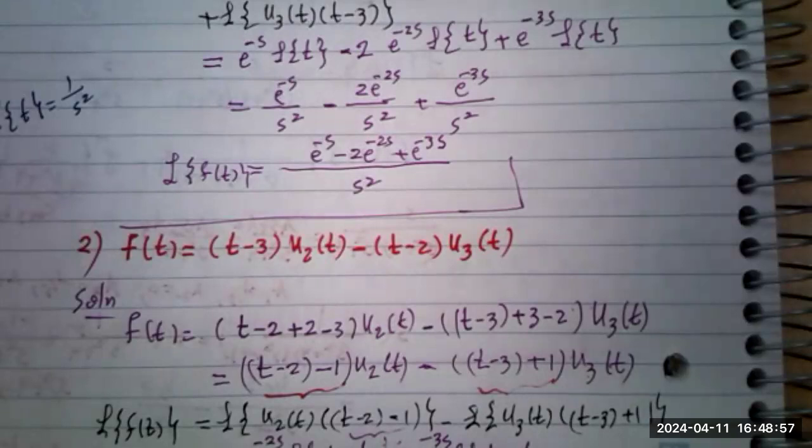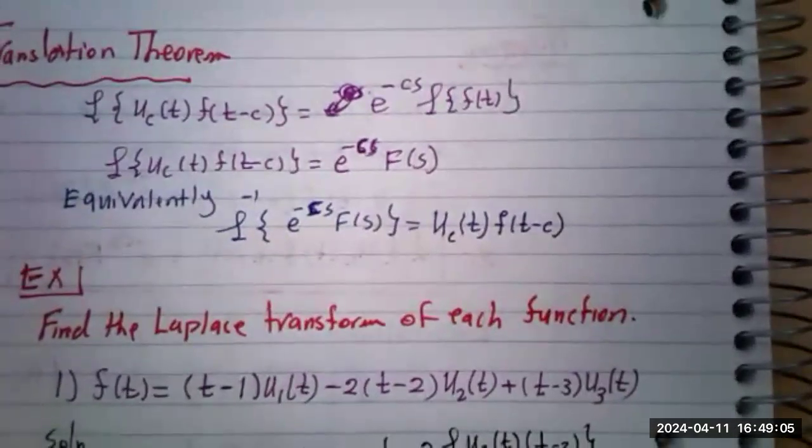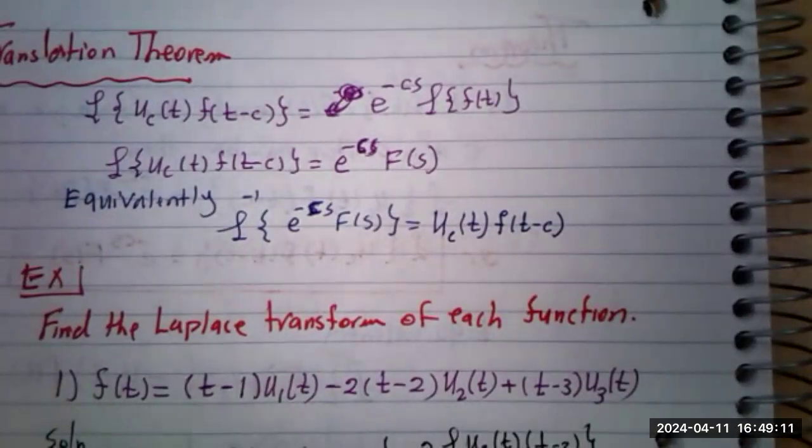Any question? Yes. Can you go back to that theorem, please, one more time? You see, basically this means if you shift the function f of t, if you have a u_c(t), you have to shift the function to the right. t minus c is to the right.